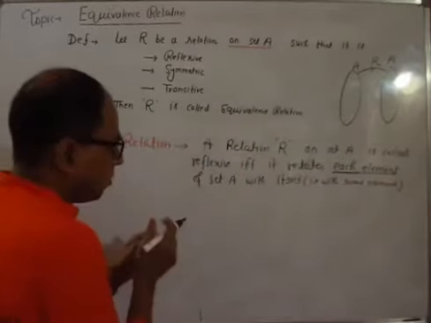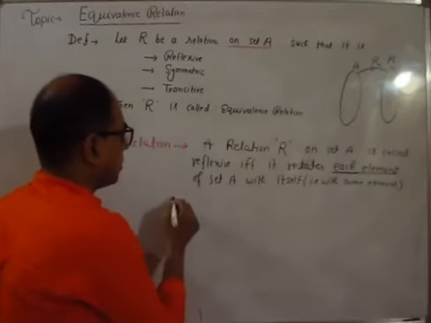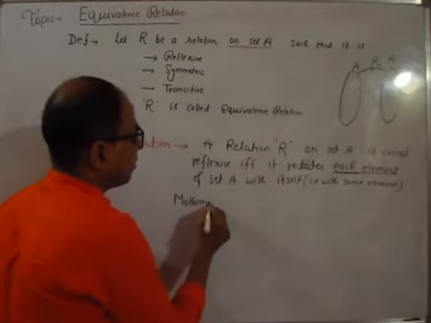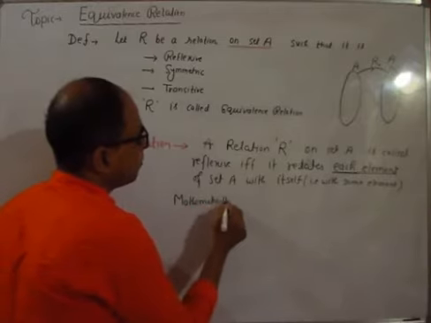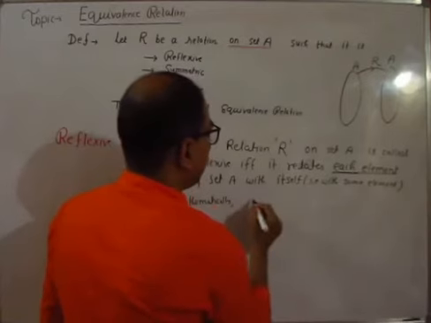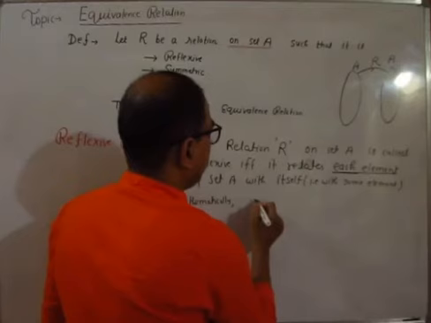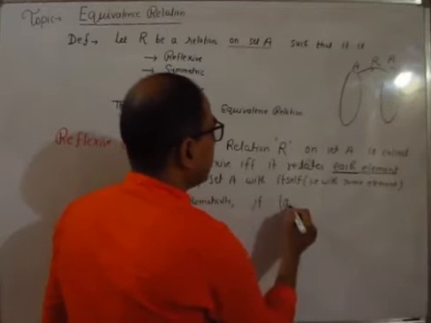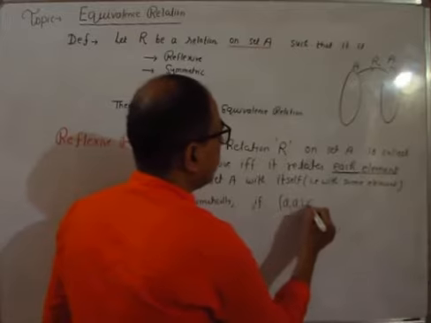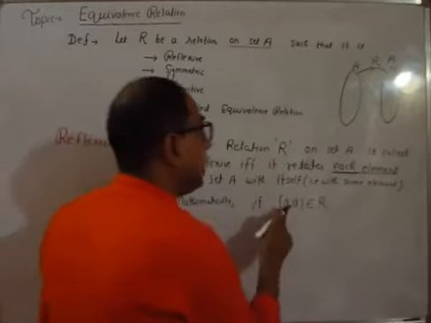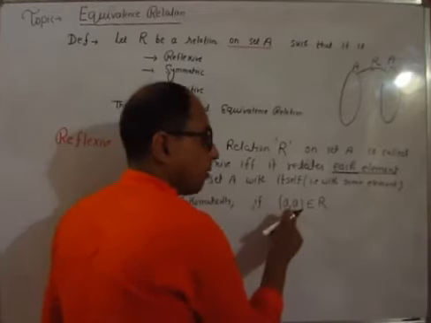Now mathematically, how can we define? We can write, if (a, a) belongs to R, it means a is related with a itself.